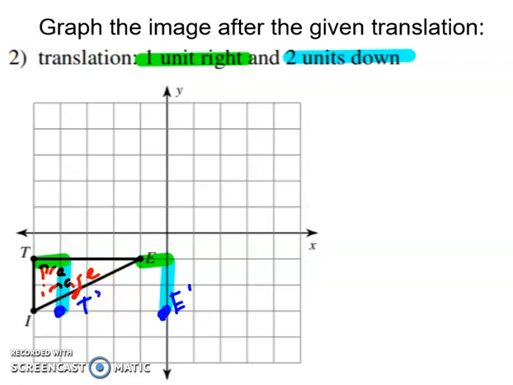Now we're going to take point I, go 1 unit right, 2 units down. So now this is going to be I apostrophe. And then we just take our line, boom. And now we have our new triangle after the translation. Sweet, cool, nice job. Let's keep going.